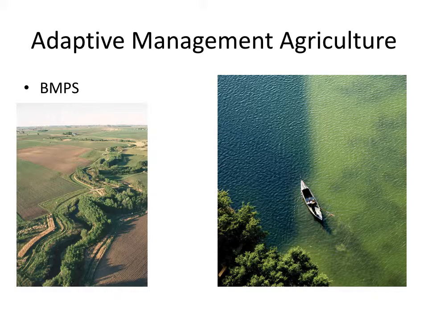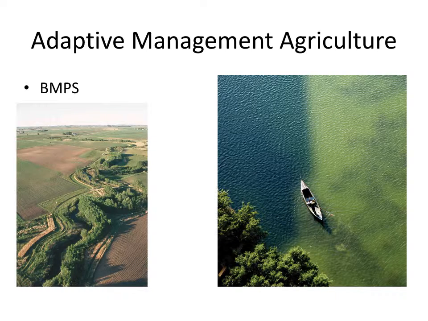So how do we implement adaptive management in agriculture? I'm going to give one example and talk about how that would work. This example has to do with phosphorus runoff into streams, but it could very well be adapted to many other negative impacts of agroecosystems on the broader landscape level ecosystem.